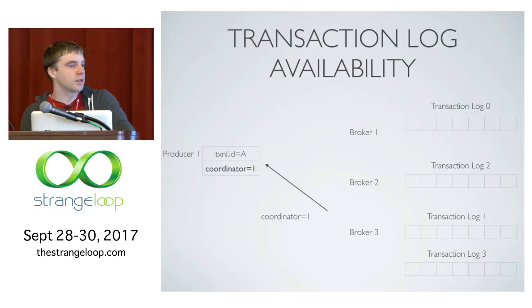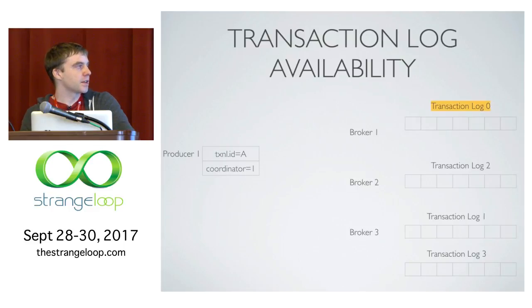And from that point on, we store that state locally, and all of our transactional requests are going to go to broker 1. So the nice thing about this is, you have many different transactional IDs out there. They're all mapping to different partitions, so the transaction coordinator does not become a bottleneck. You can have as many coordinators as you want because you can have as many partitions as you want.